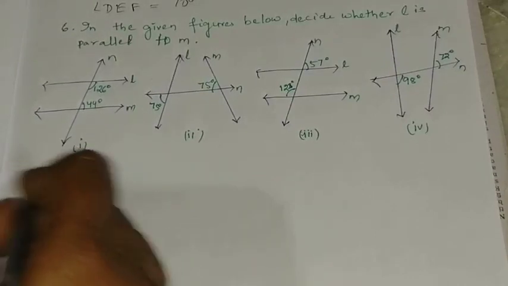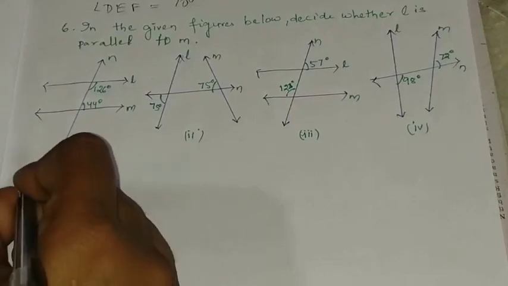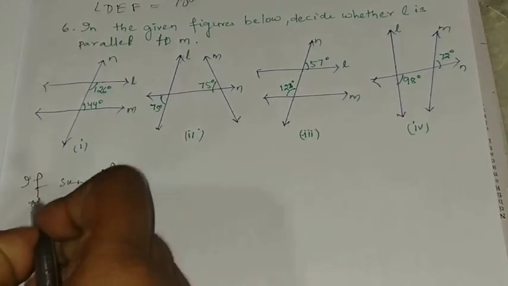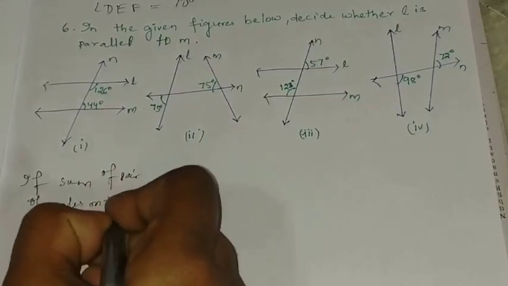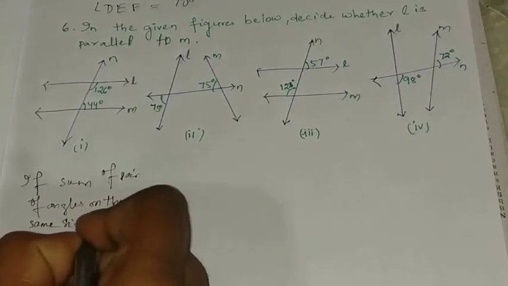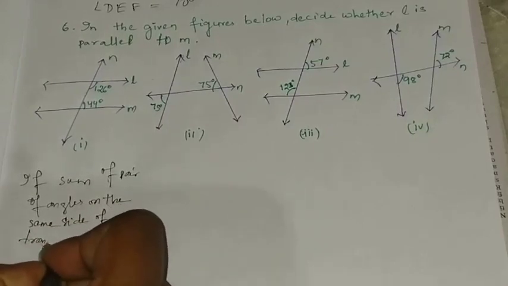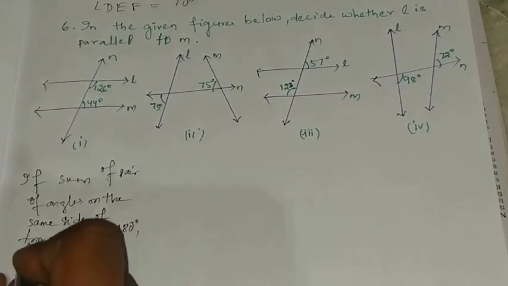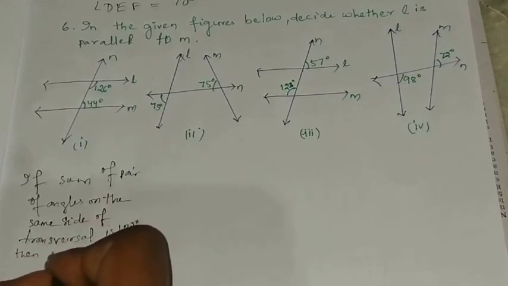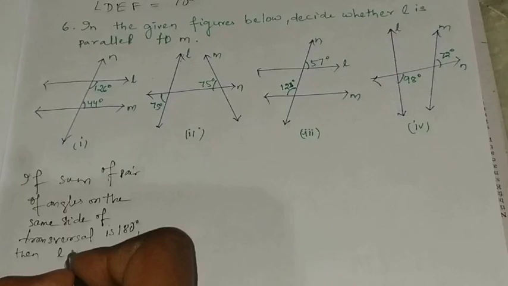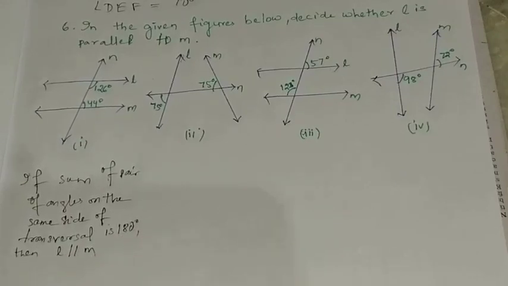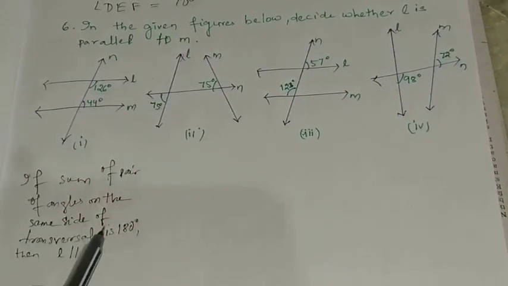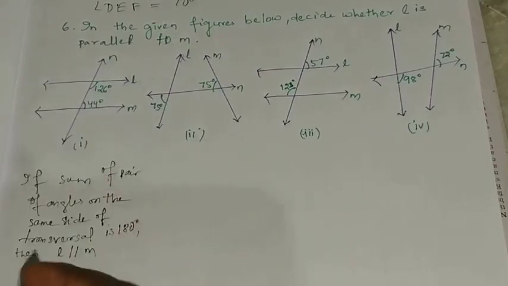So we'll see: if the sum of a pair of angles on the same side of the transversal is 180 degree, then L will be parallel to M. I have written, if the sum of the pair of two angles on the same side of the transversal is 180 degrees. So let's find this pair.